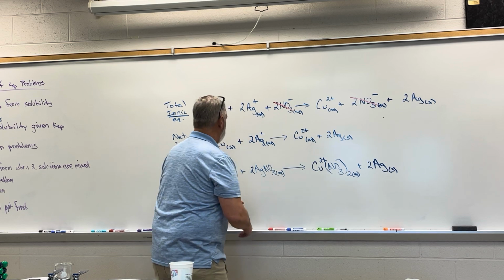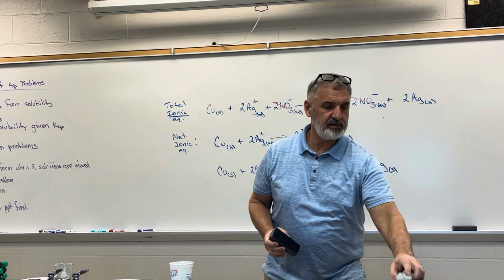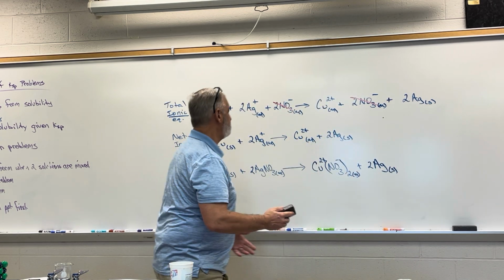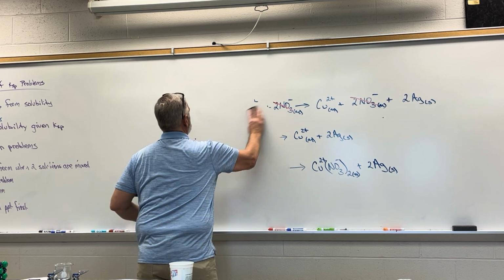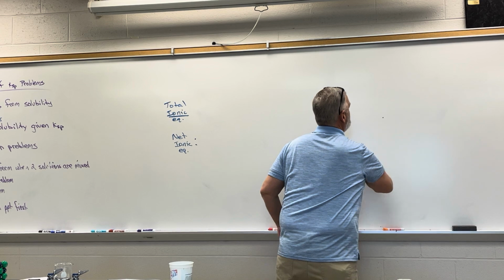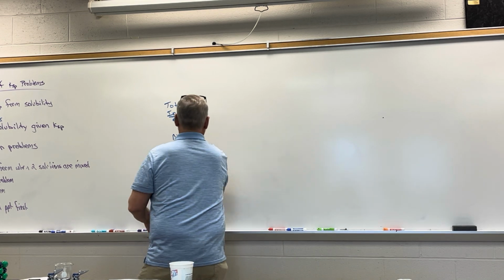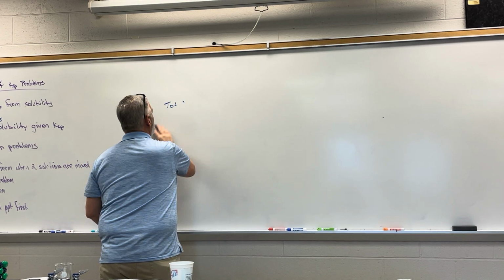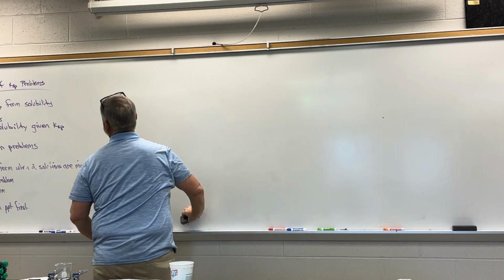So let's look at a double replacement reaction now. Turn that worksheet over. Let's just look at number 1, and then I'm going to let you do the rest of them on your own.